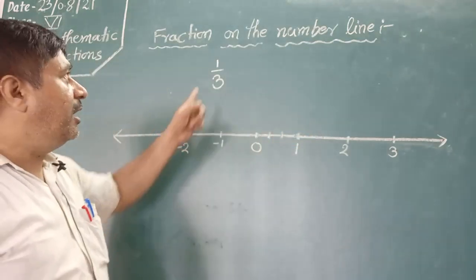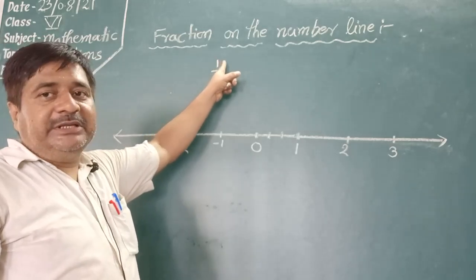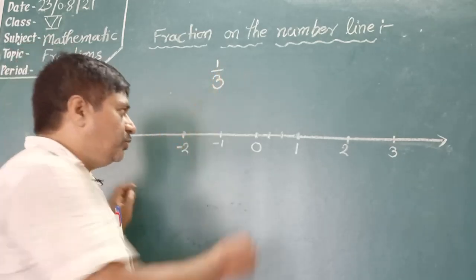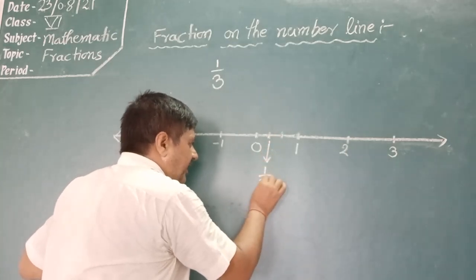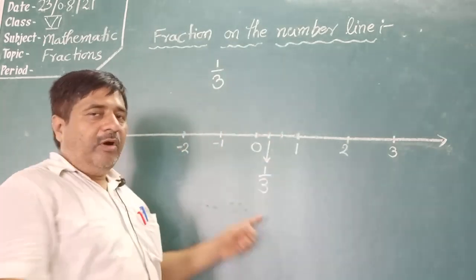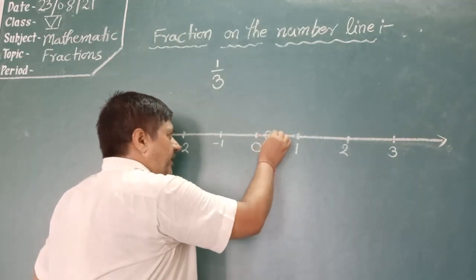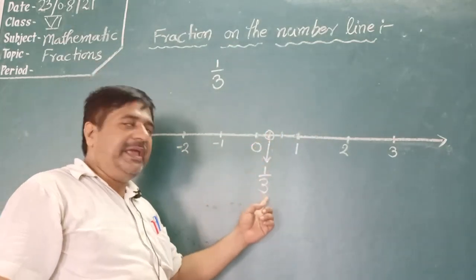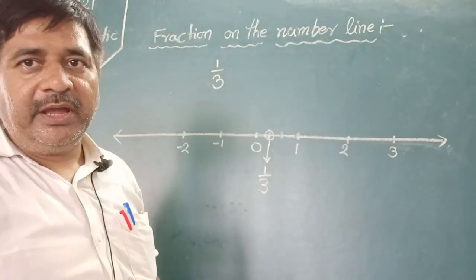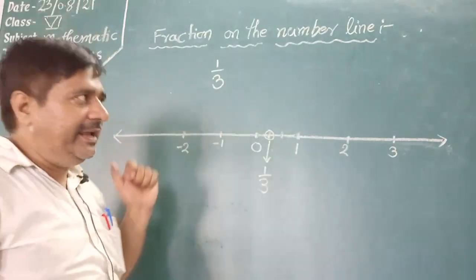You take 1 part because 1 is written in the numerator. So it is 1 by 3.